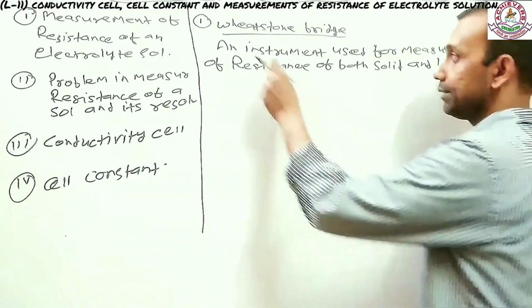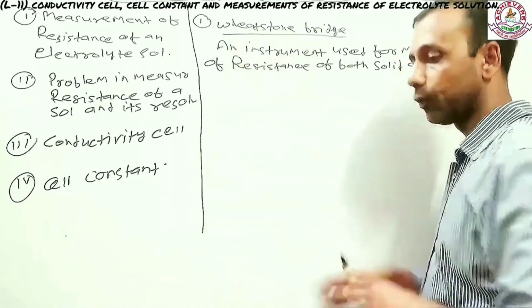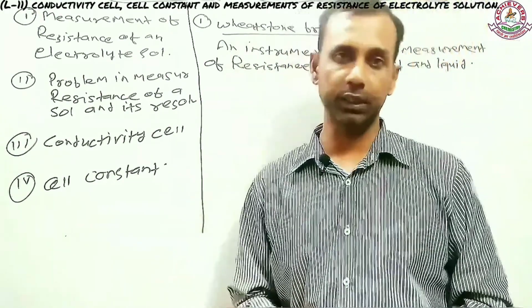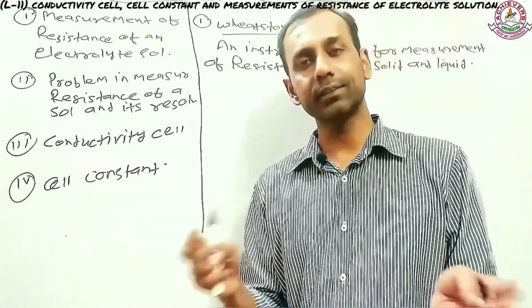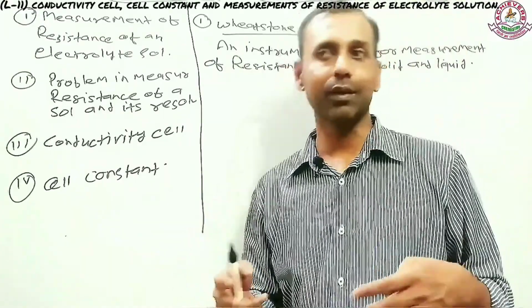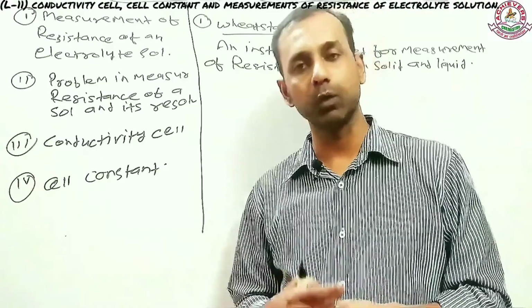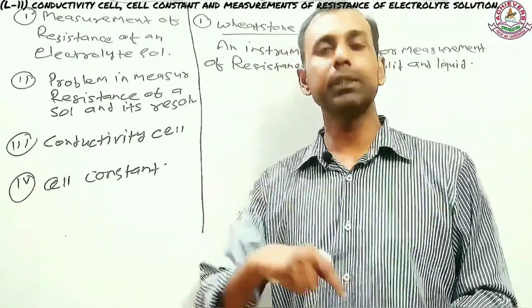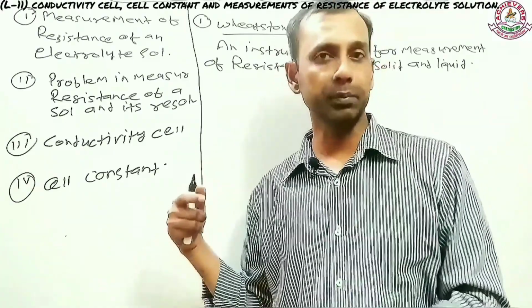So what is Wheatstone bridge? It's an instrument used for measurement of resistance. Resistance is a property that is nothing but an obstruction in the path of the flow of current. The instrument that measures the resistance is called Wheatstone bridge.